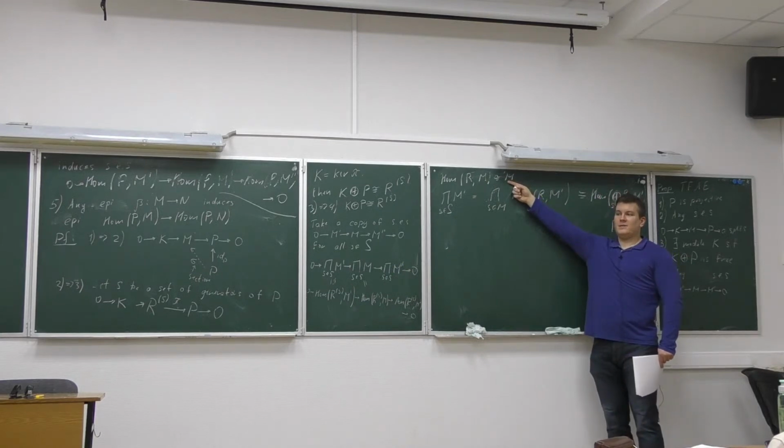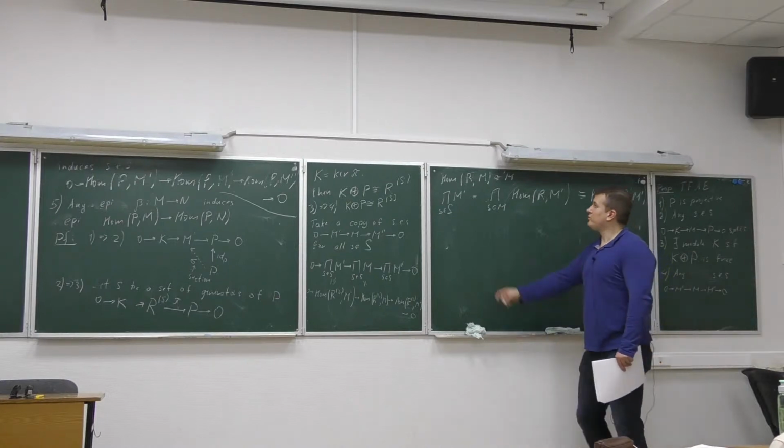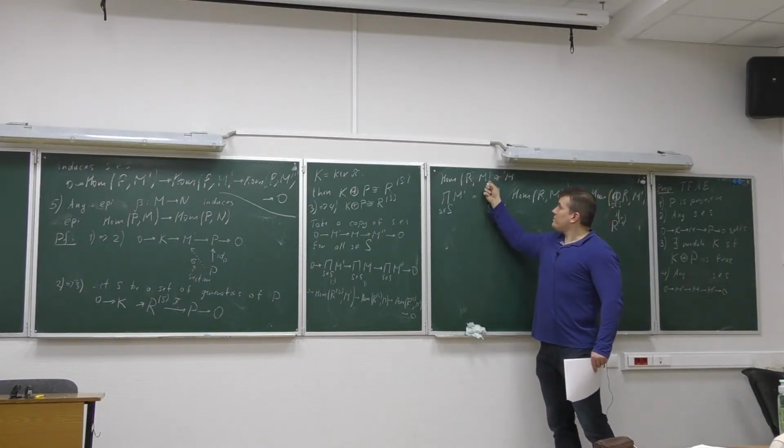Well, you take any element of the module and it induces a homomorphism from R to the module, which sends any scalar to the scalar multiplied by the chosen element. So to define a homomorphism from a free module, and in this case it's just a free module on one generator, it's enough to understand where this generator is mapped.